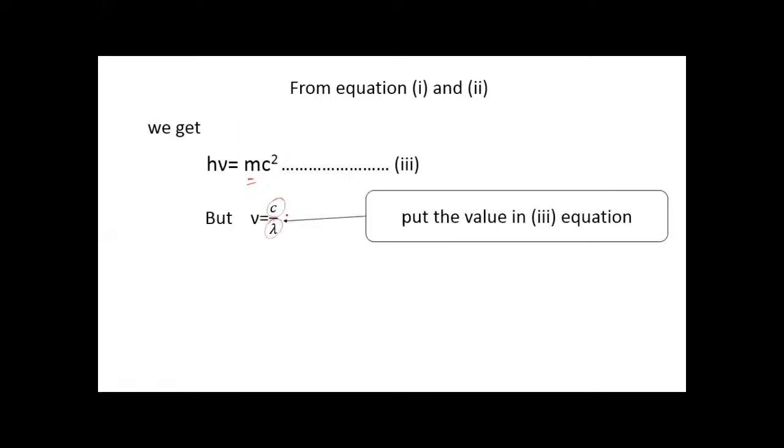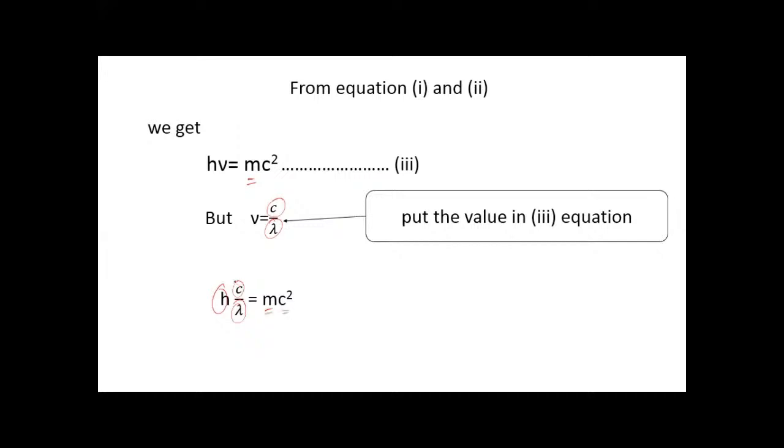From equations 1 and 2, we get hν = mc². We consider it equation number 3. But we know ν = c/λ. We put this value in equation number 3 and get hc/λ = mc².